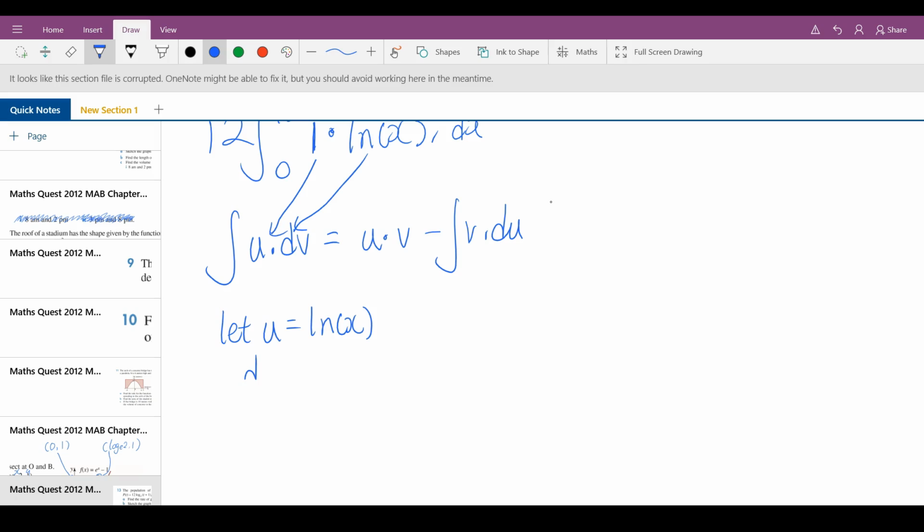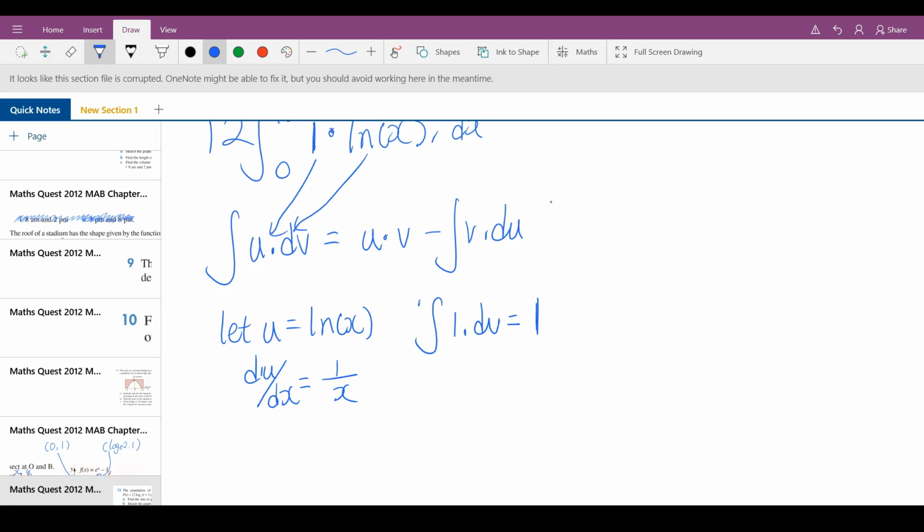right? So when I differentiate u with respect to x, du dx, this side will become 1 over x, because that's what happens when you differentiate ln x, it becomes 1 over x. All right. So since ln x is u, then whatever is left in here, which is integrate 1 with respect to dv, is equal to 1.